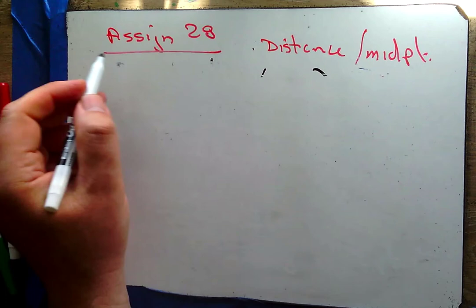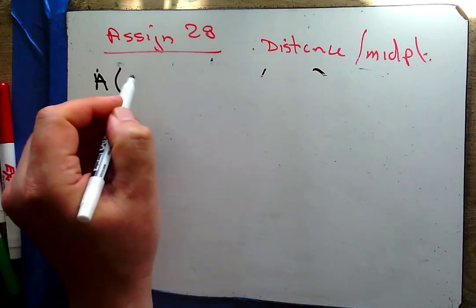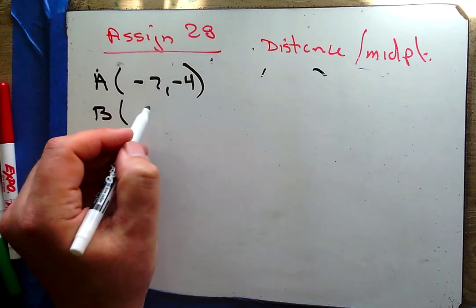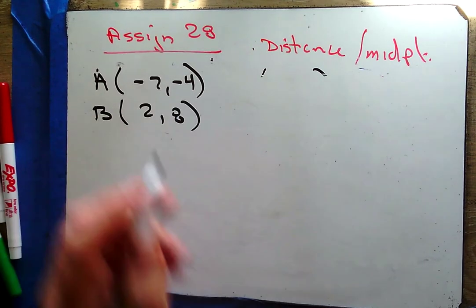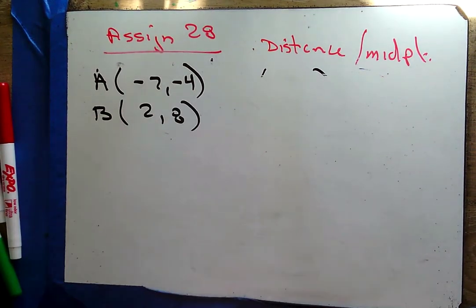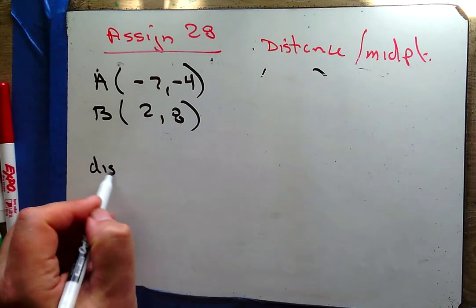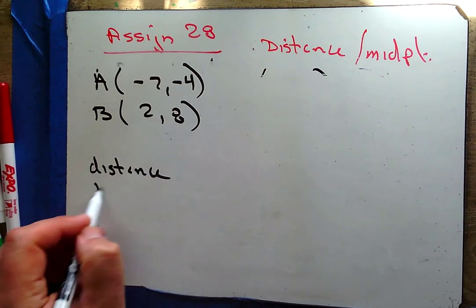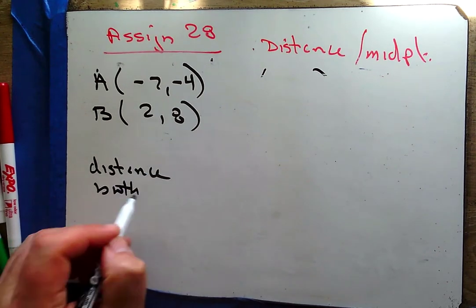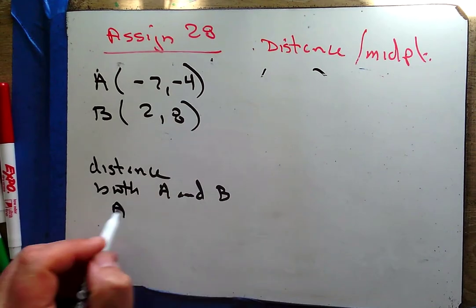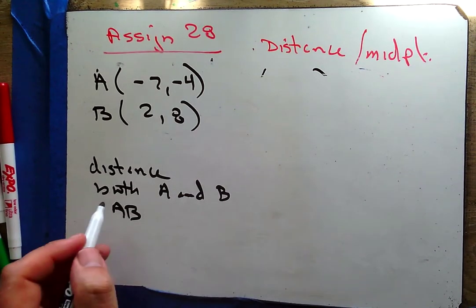Here's point A, -7, -4. Point B, 2, 8. And what I'd like to know is, what's the distance between A and B, sometimes written as AB, without a bar on the top.